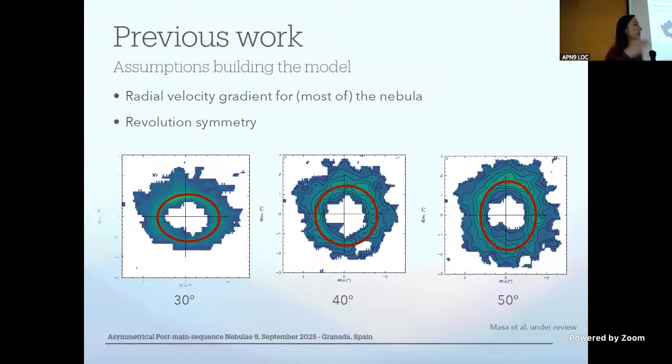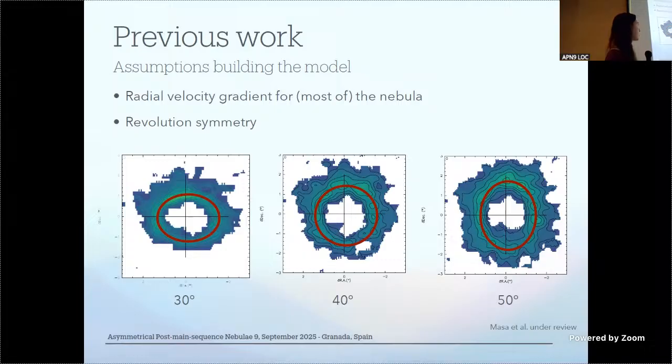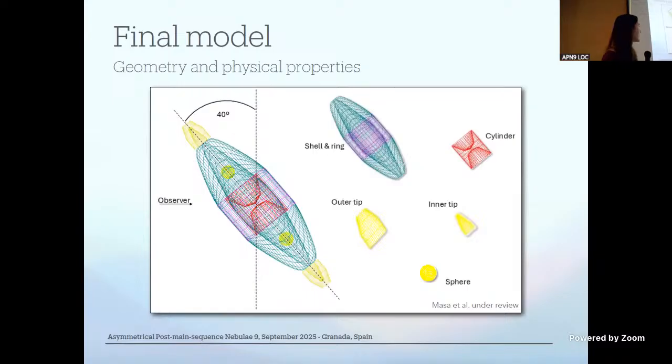With this, just making different cuts at different angles, we get the right angle the moment we get the revolution symmetry, which for us was 40 degrees, when we get a full circle. So this is the final model.